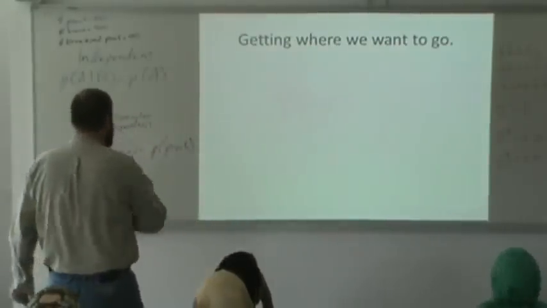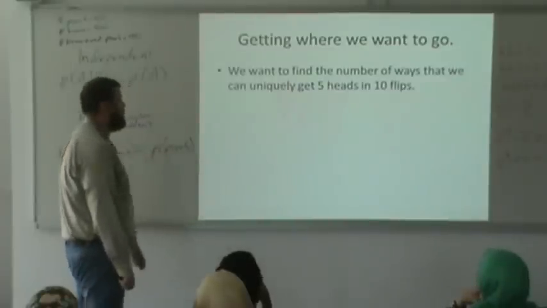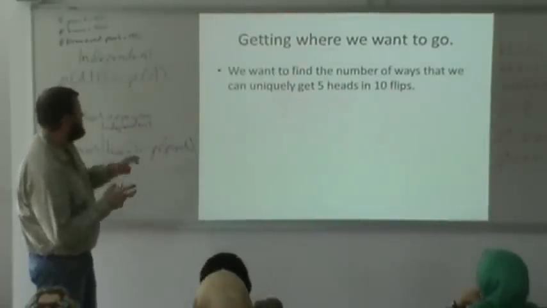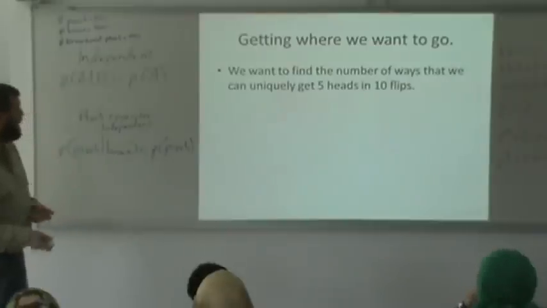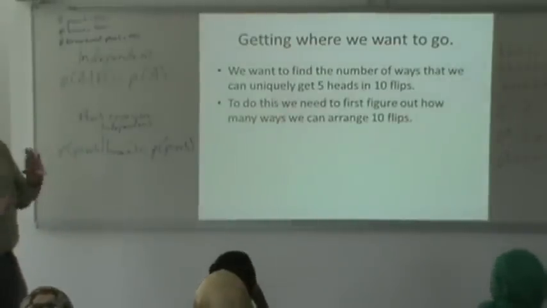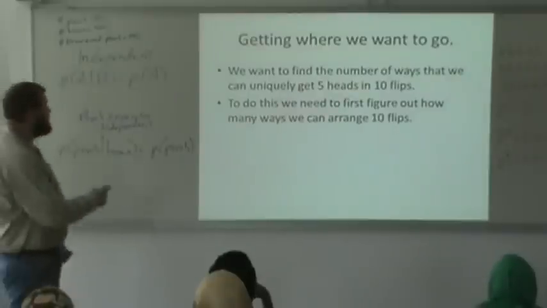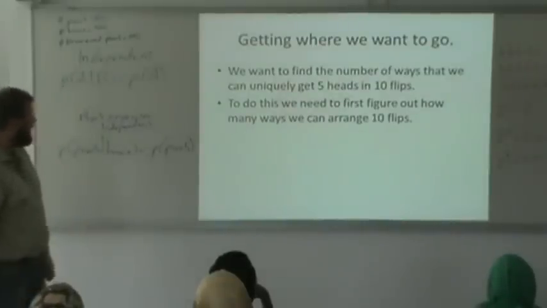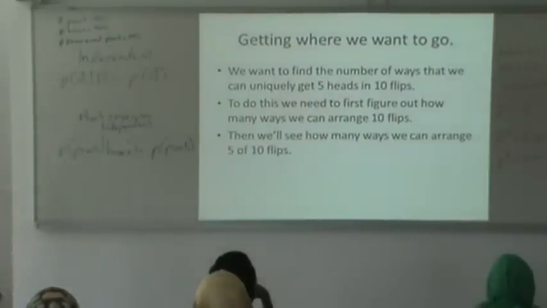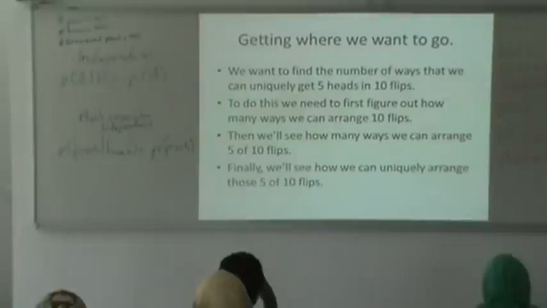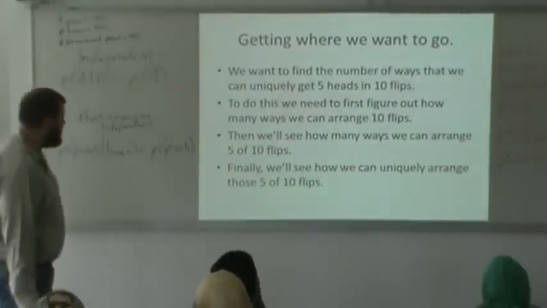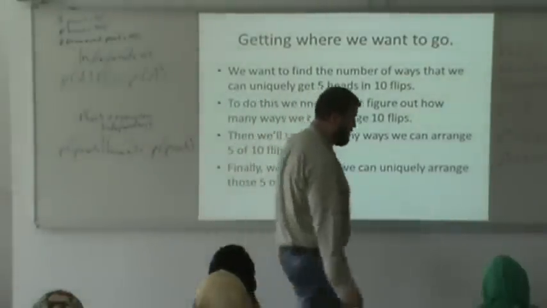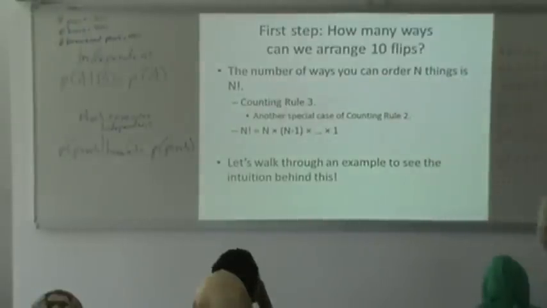All right, so to get where we want to go, we want to find the number of ways that we can uniquely get 5 heads in 10 flips. To do this, we're going to have to do some other things first. First, we need to figure out how many ways we can arrange 10 flips. Then we're going to see how many ways we can arrange 5 out of 10 flips. And then finally, we'll see how we can uniquely arrange those 5 of the 10 flips.